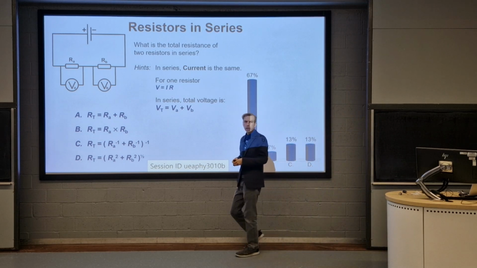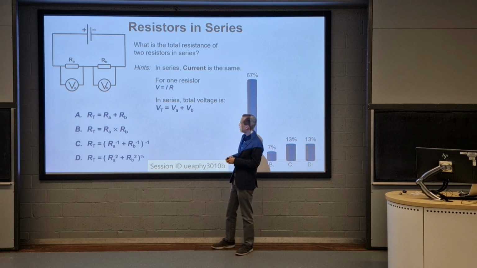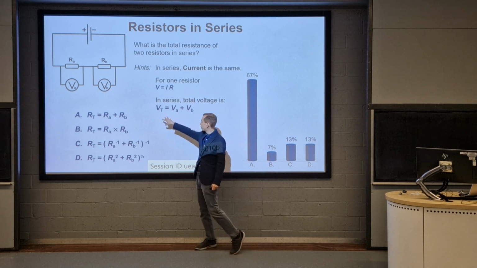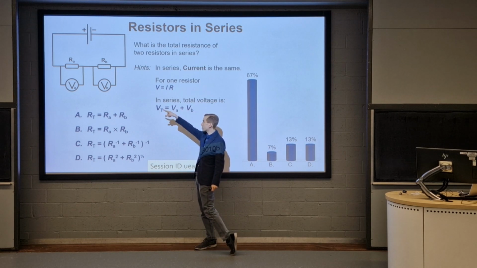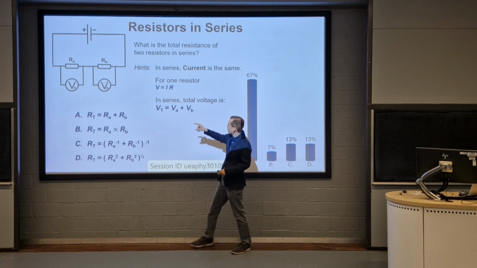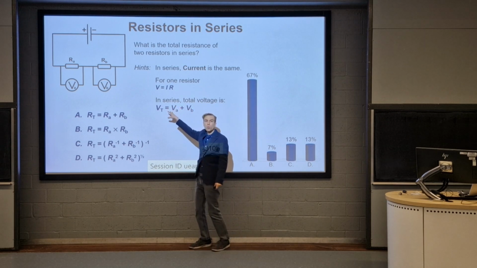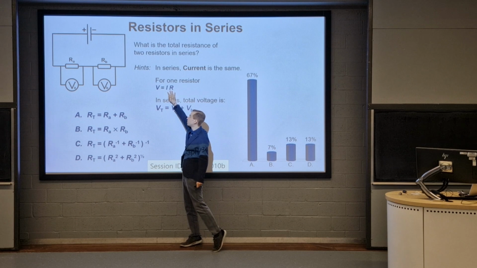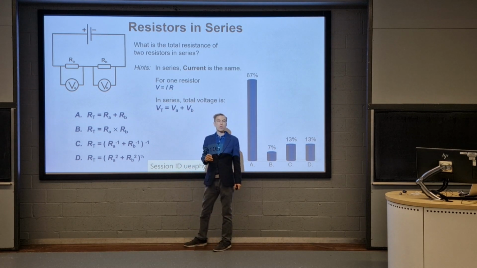And really the key to this is this idea that whenever we have components in series, the total voltage adds together. So our total voltage is just equal to the voltage going across A and the voltage going across B. This is the key we need to unlock the puzzle, because for each of these voltages, we can substitute in this relationship from Ohm's law.